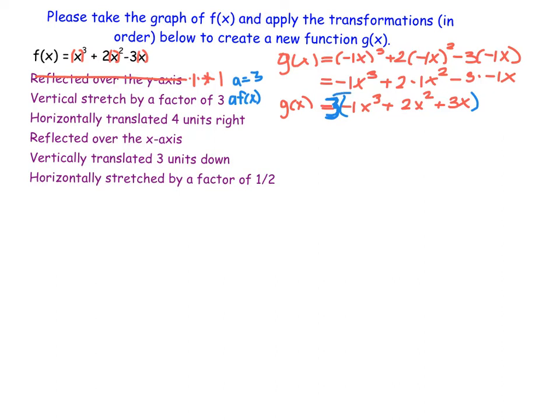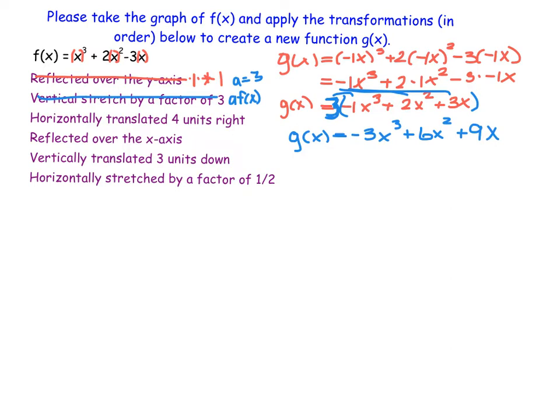So all I'm going to do here is multiply each coefficient by 3. After this second transformation, g of x is equal to negative 3x cubed plus 6x squared plus 9x. So I've now taken care of this second transformation.